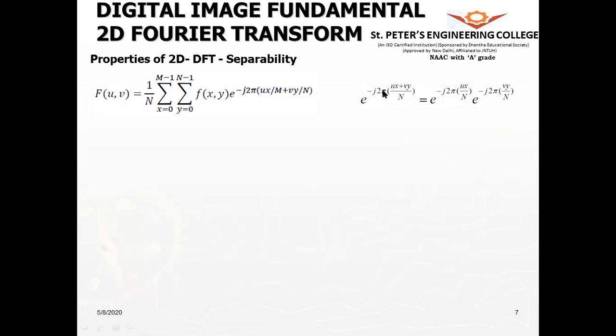That can be split: e power (a plus b) can be written as e power a into e power b. Applying this result inside, since f of x y involves both the x and y terms, you can split it into two multiples.